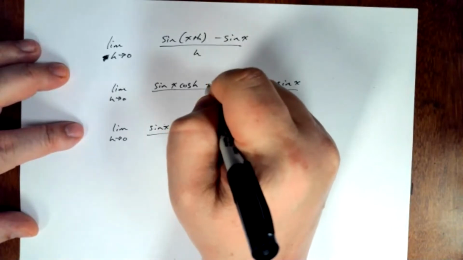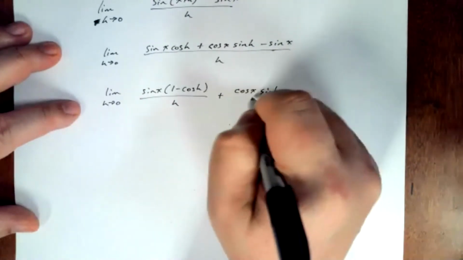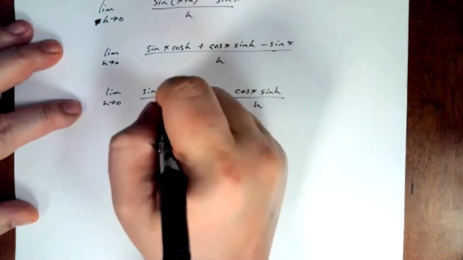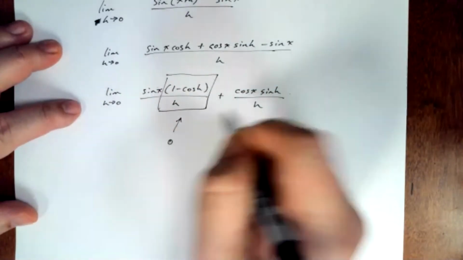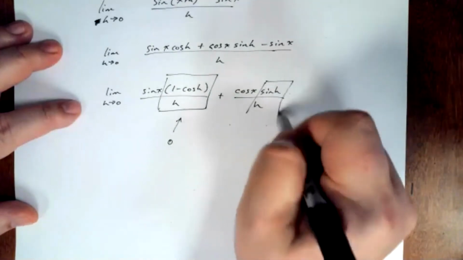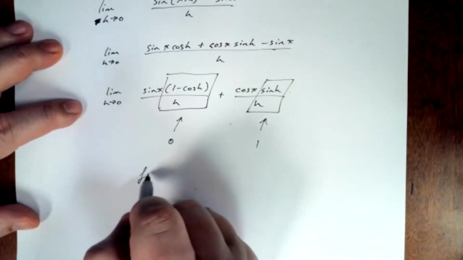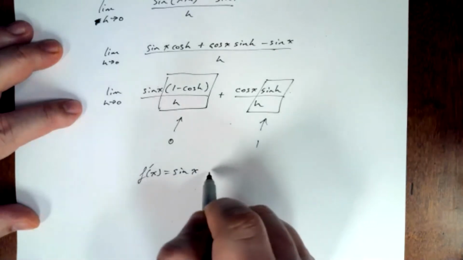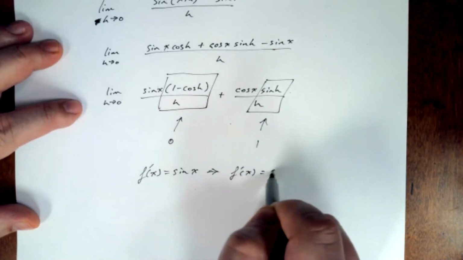Wait. Sine, cosine, cosine, sine is plus. This is plus. Now, using the same thing, this is 0, and this is 1. So the derivative of sine is the cosine.